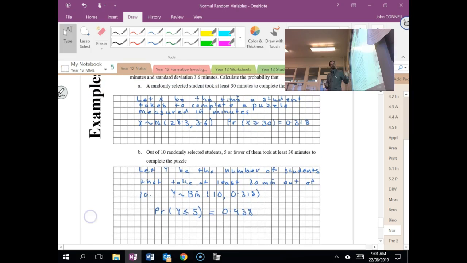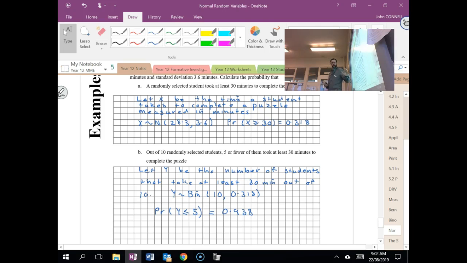So this idea of setting up a normal distribution problem, using a normal distribution to find a probability, then using that as the probability of success in a binomial distribution is quite a common one. You've got to expect that that's going to come up in a test and an exam.